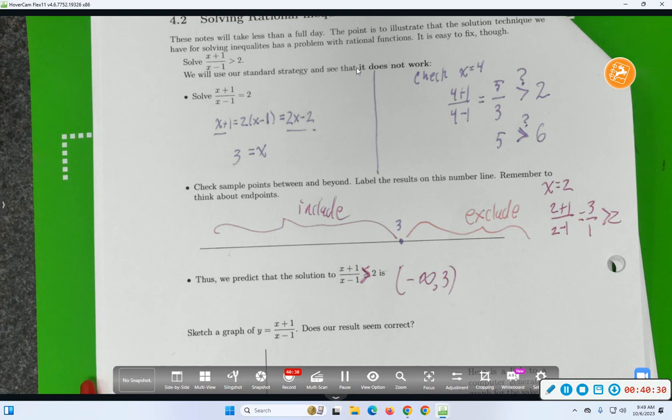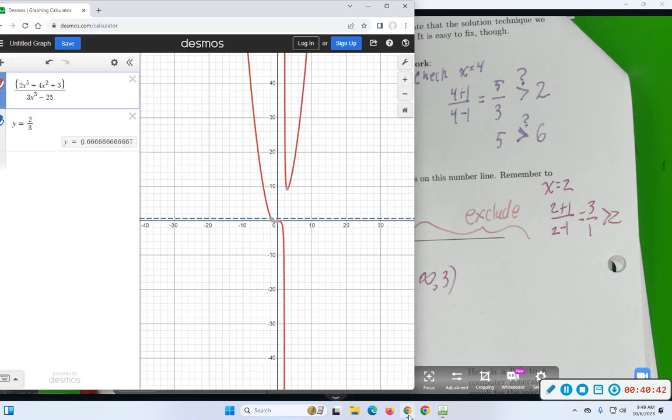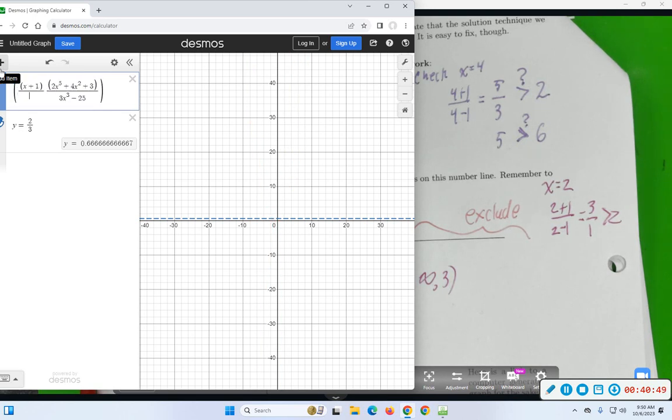Now, before I let you go, I need to convince you that this is wrong. To convince you that this is wrong, I'm going to pull up a computer-generated graph, and we will look at that to see why this solution looks wrong. So let's graph x plus 1 divided by x minus 1.